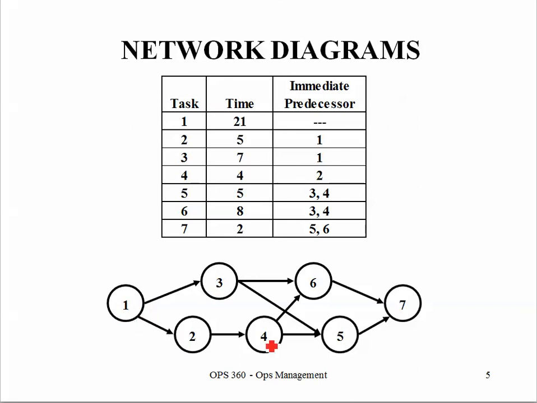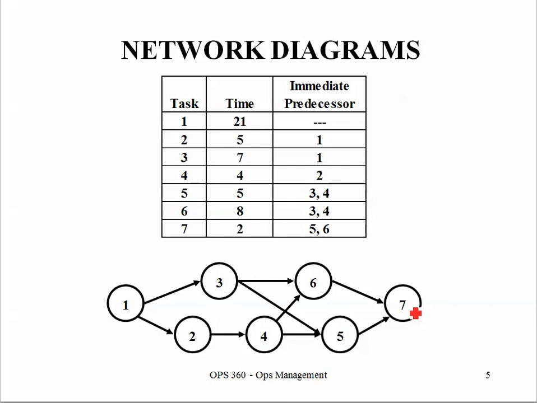I can start 4 only when 2 is completed. And then when 3 and 4 are completed, I can do either 5 or 6 in either order. And then once both 5 and 6 are completed, I can start and complete task 7.